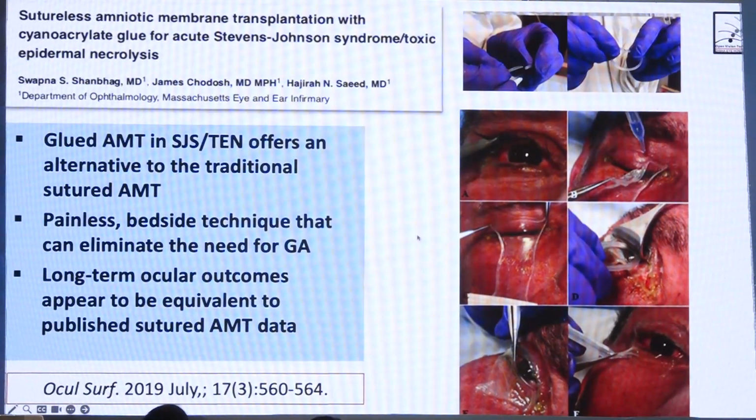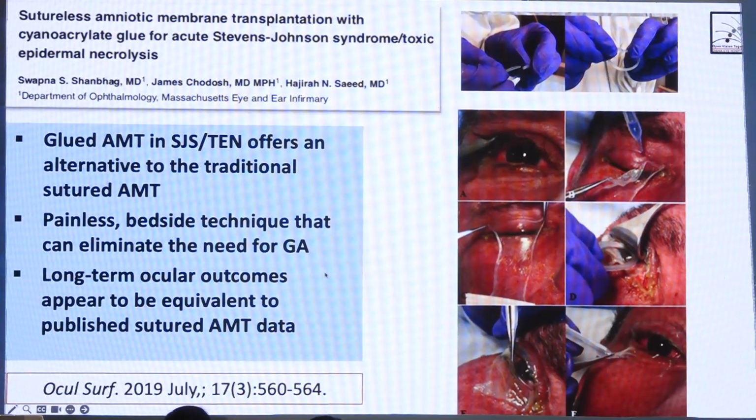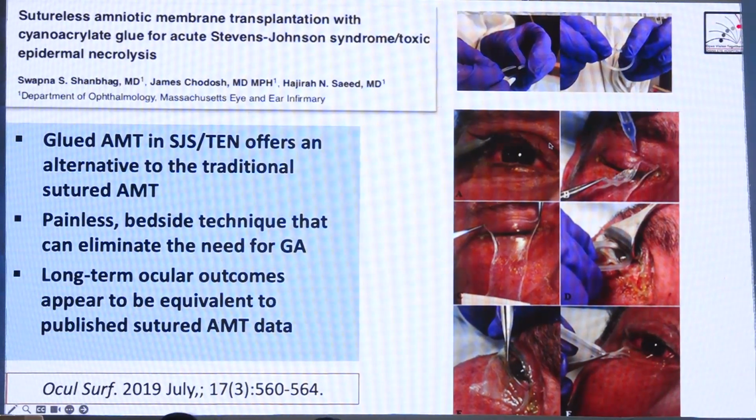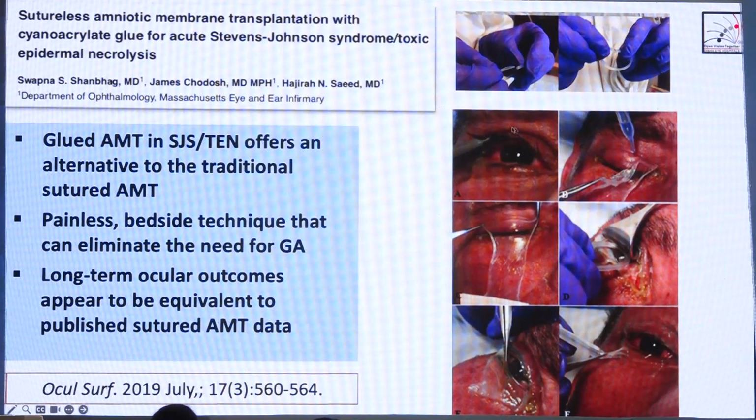This is another technique. This was reported by Sonbag et al. So what they did was, they took this amniotic membrane and put cyanoacrylate glue over this area, then they put this amniotic membrane over this area, and then put this symblepharon ring or this IV tubing deep in the fornix, and then again put glue here, and then put this amniotic membrane over that.